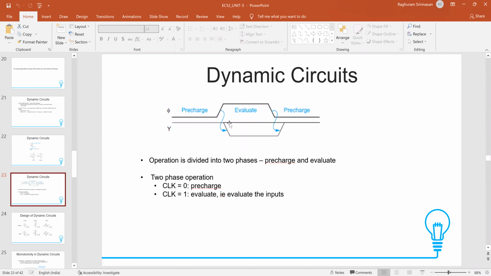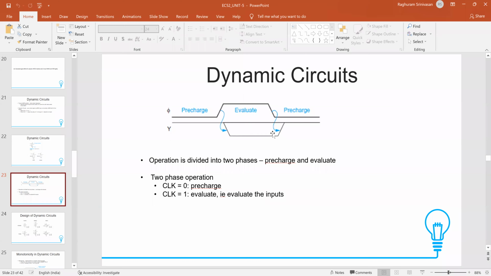In the evaluate stage, what is shown here, Y can continue at 1, or if the inputs are such that the pull down network is conducting, then Y will fall to 0. And this is the evaluate stage or evaluate phase, where the inputs are being evaluated. That is, the input values are being observed and the output is calculated based on the input values.